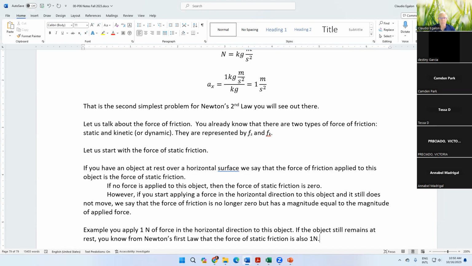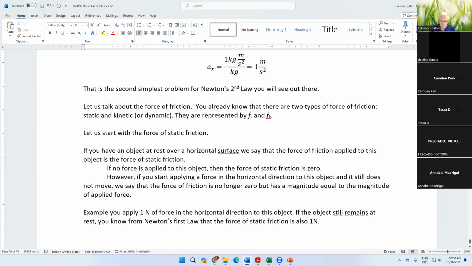Consequently, if you apply 2 newtons and the object still remains at rest, the force of static friction is 2 newtons, and so on.